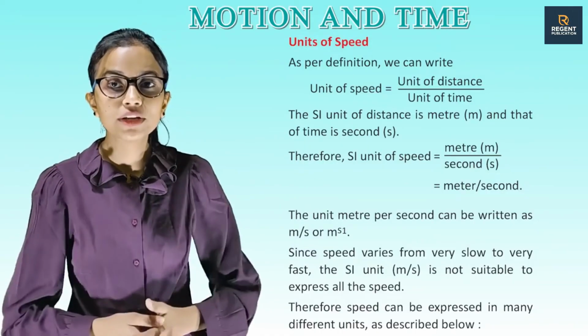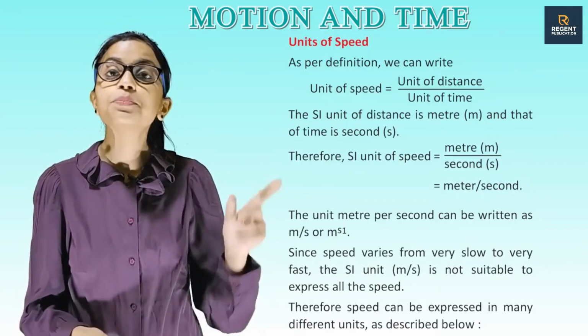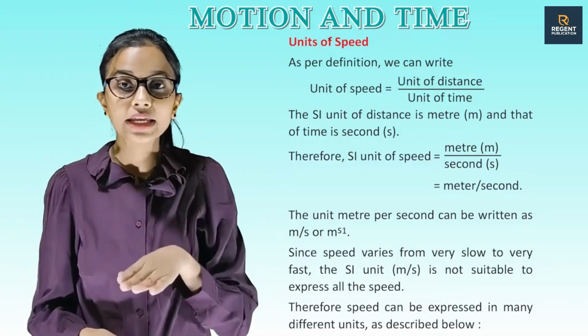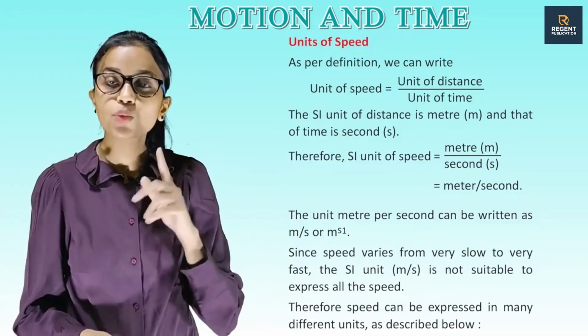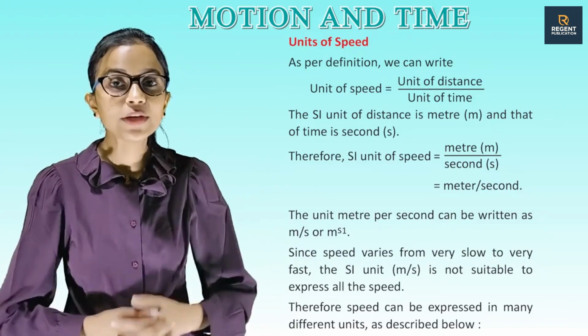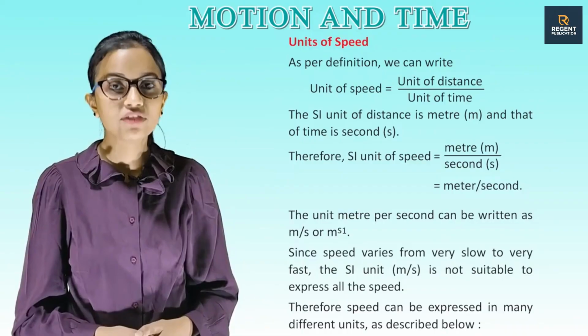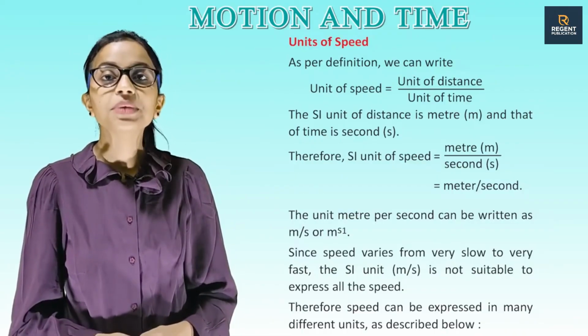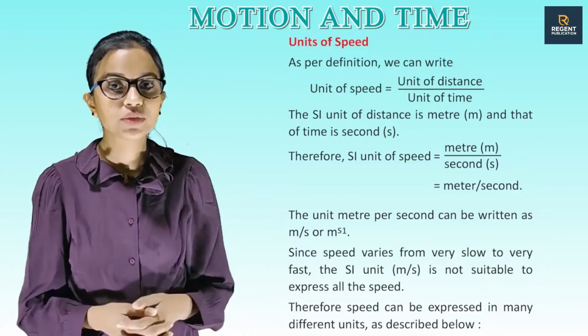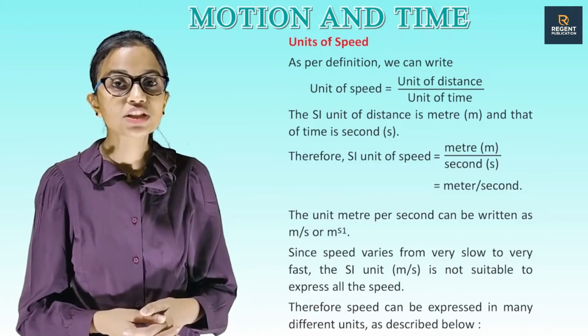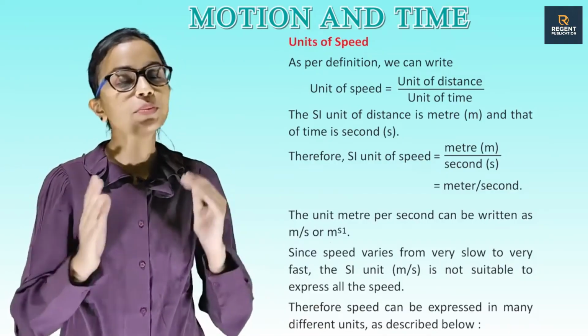The unit meter per second can be written as m/s or m s^-1. Since speed varies from very slow to very fast, the SI unit meter per second is not suitable to express all speeds. Therefore, speed can be expressed in many different units as described below.